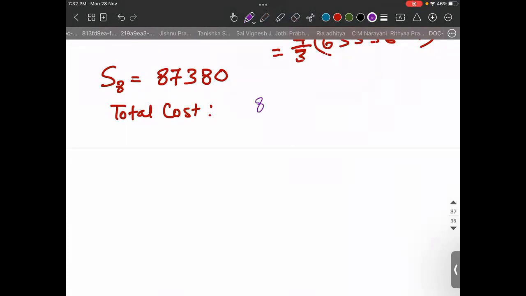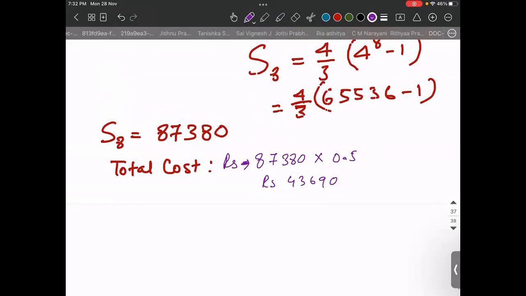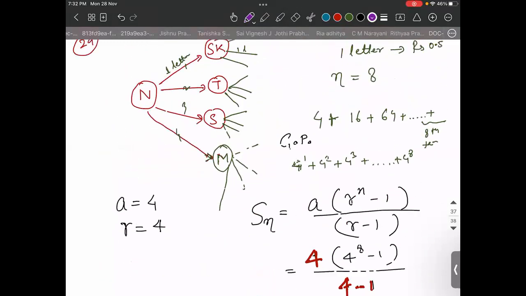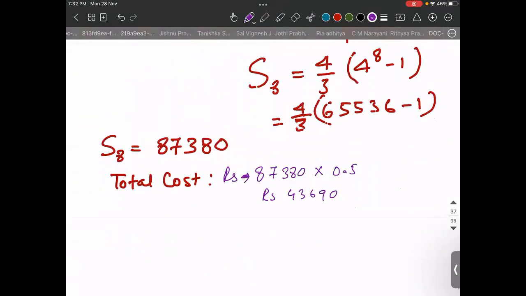For 1, it takes 0.5 rupees, into 0.5. So this many rupees. 43690. That will be your answer. So this much money will be spent on the question. Do one more last problem.